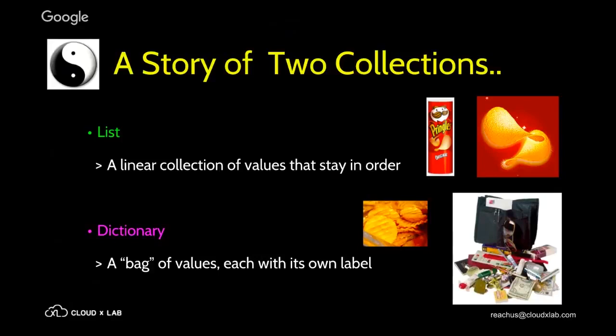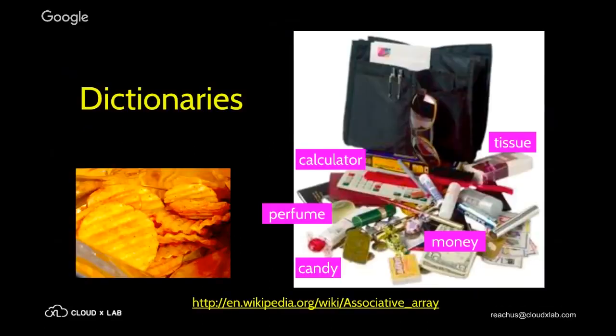You can think of a list like your grocery list, and a dictionary is when you buy the groceries and keep them in a way that you can quickly access them by their label. That's a dictionary.